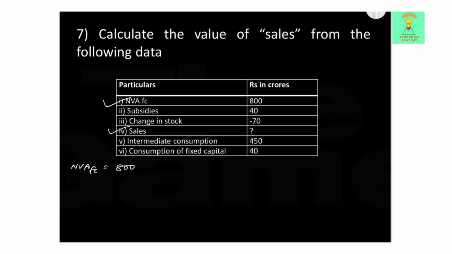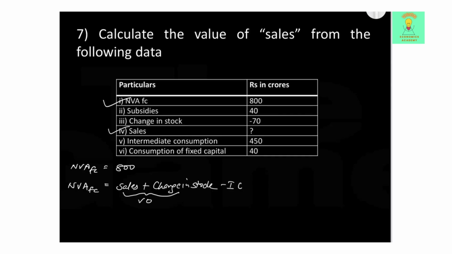Right? We know NVAFC equals sales plus change in stock. Sales plus change in stock gives us value of output, right?